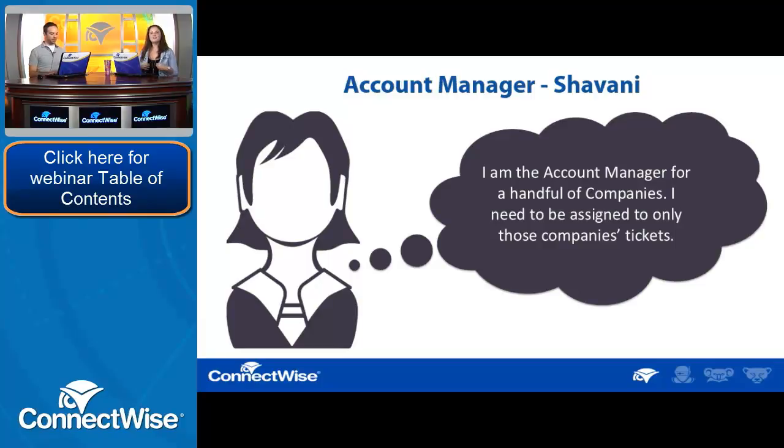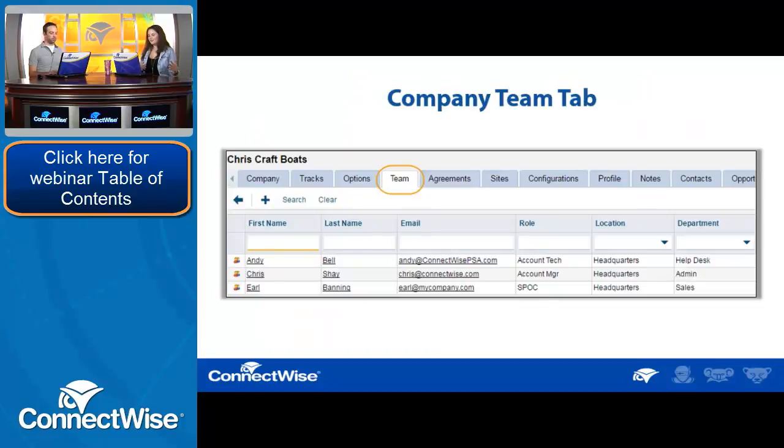It is our account manager, Shivani, and she is the account manager for a handful of companies, not all of them. And the companies that she is an account manager for, she wants to be assigned to those tickets. Not the rest of the companies, just the company she manages. So this is another really cool feature that we don't see used as much as we would like to see used.